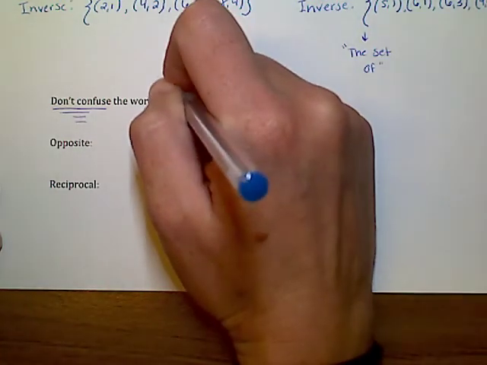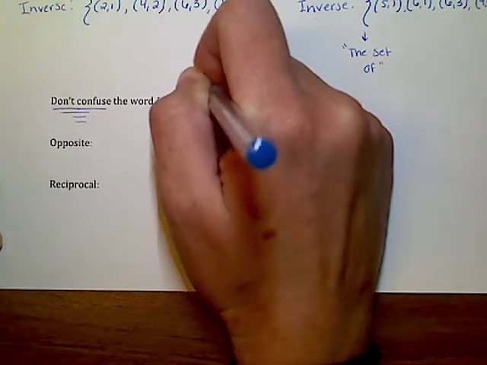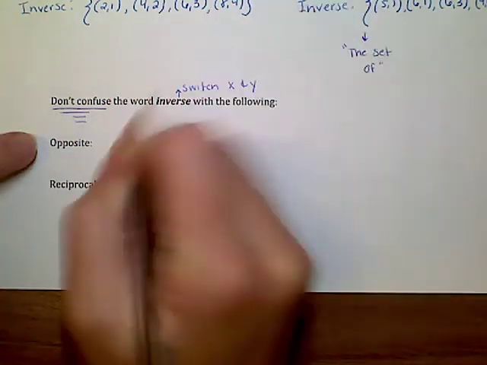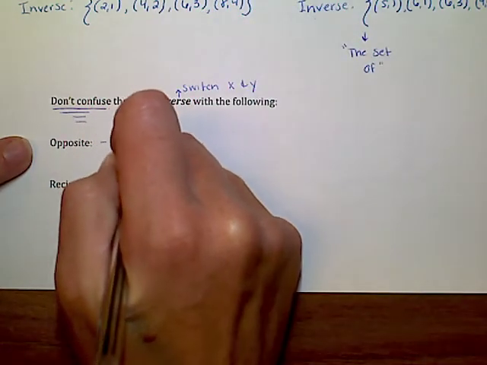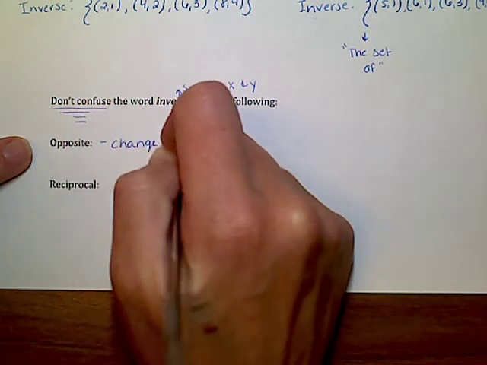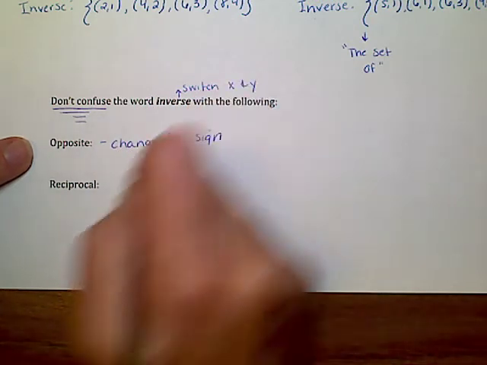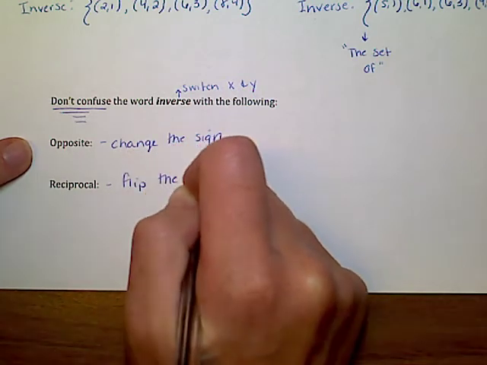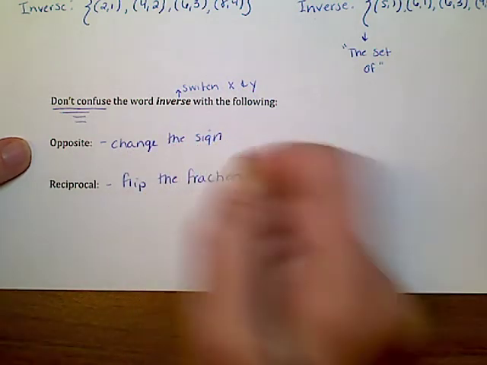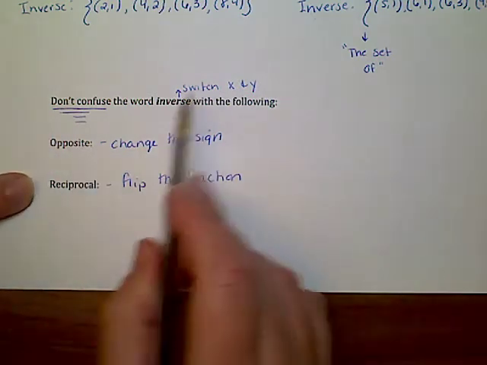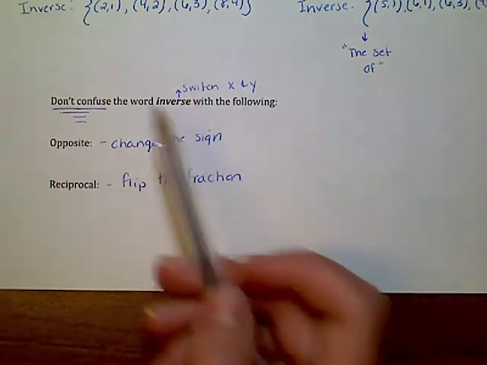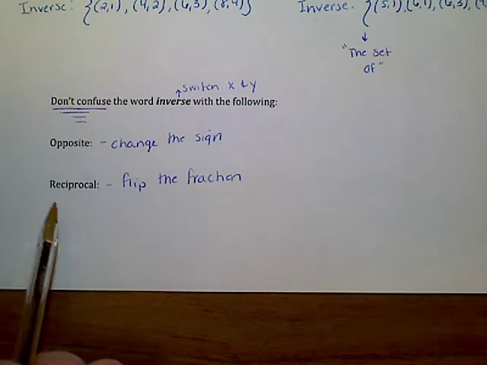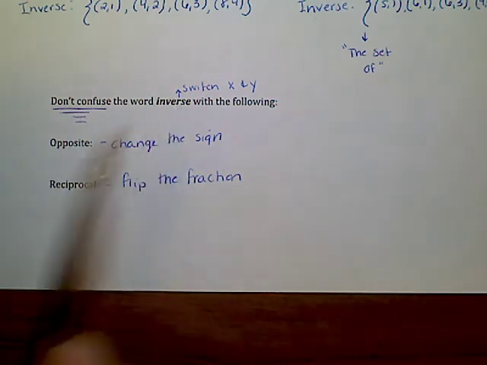Inverse deals with switching x and y. Remember that opposite means change the sign. And reciprocal means flip the fraction. Those ideas may come up when finding the inverse. Okay, but they themselves are not the inverse. These two things are not inverses.